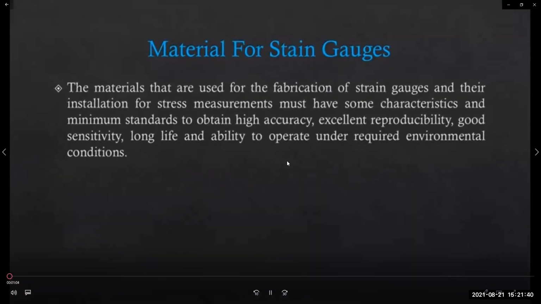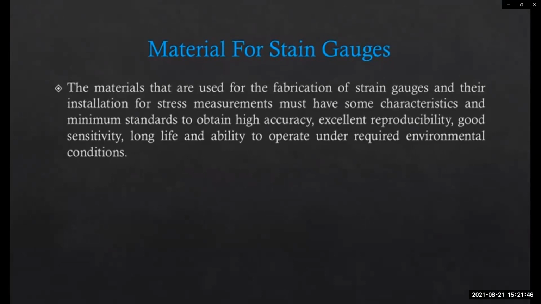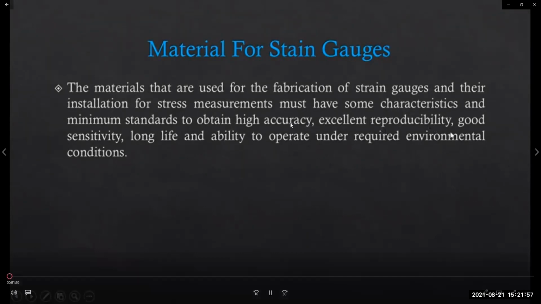Now, material for strain gauge. The materials that are used for fabrication of strain gauge and their installation for stress measurement must have some characteristics and minimum standard to obtain high accuracy, excellent reproducibility and good sensitivity, long life and ability to operate under required environment conditions.